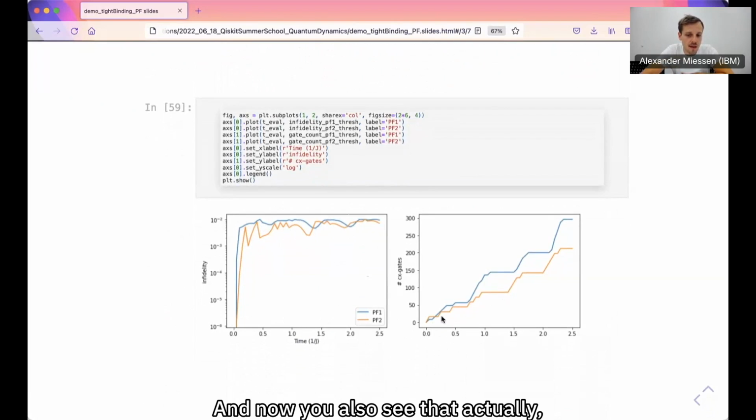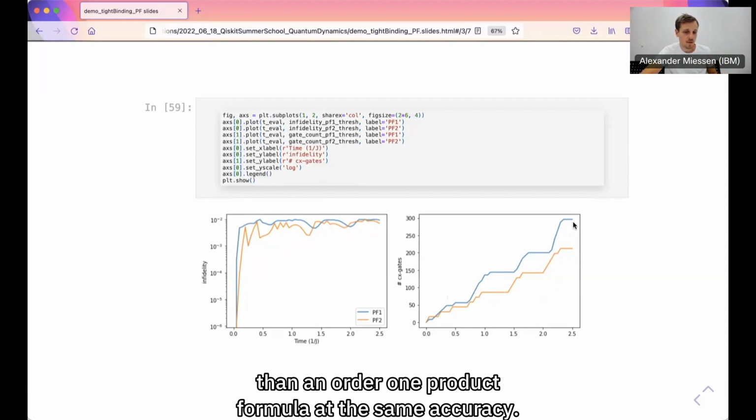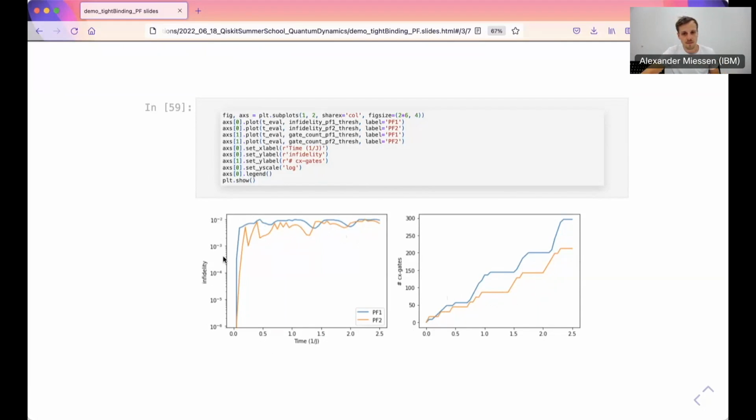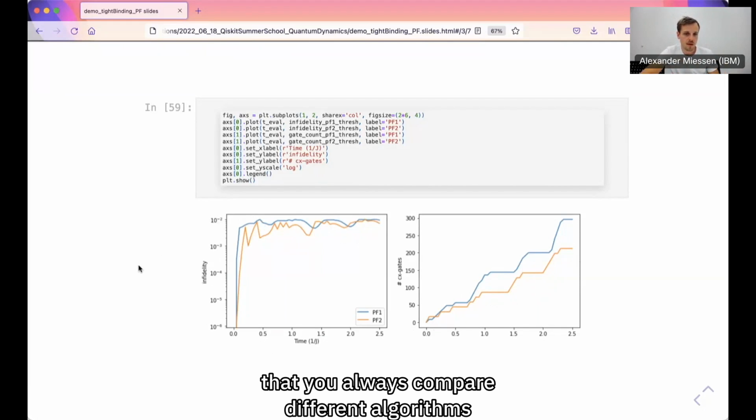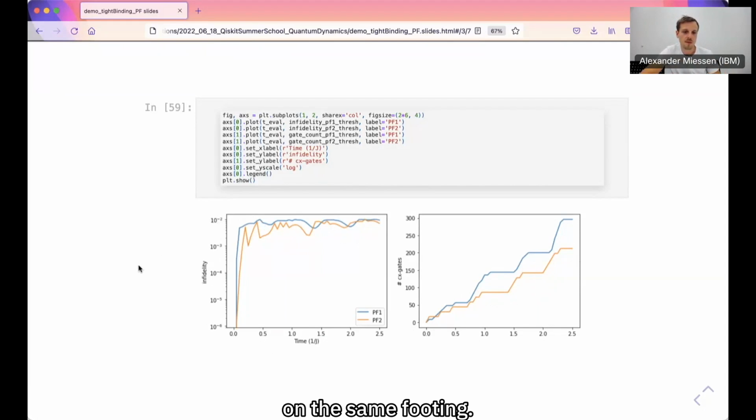And now you also see that an order 2 product formula actually requires much fewer two-qubit gates than an order 1 product formula at the same accuracy. And this is the take-home message: be careful what you compare, and be careful that you always compare different algorithms on the same footing.